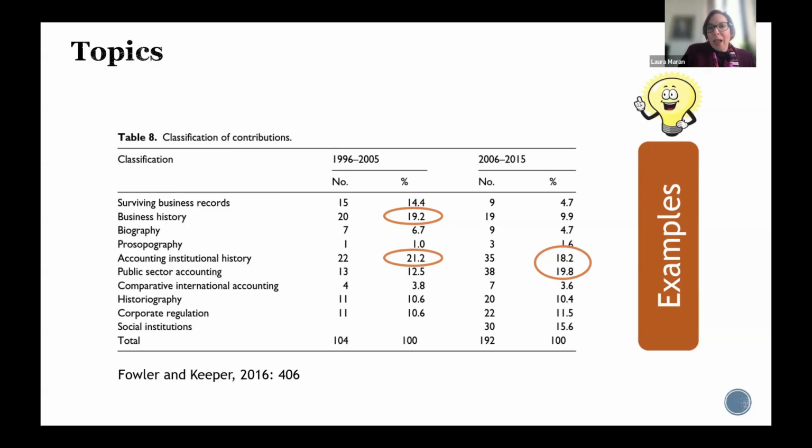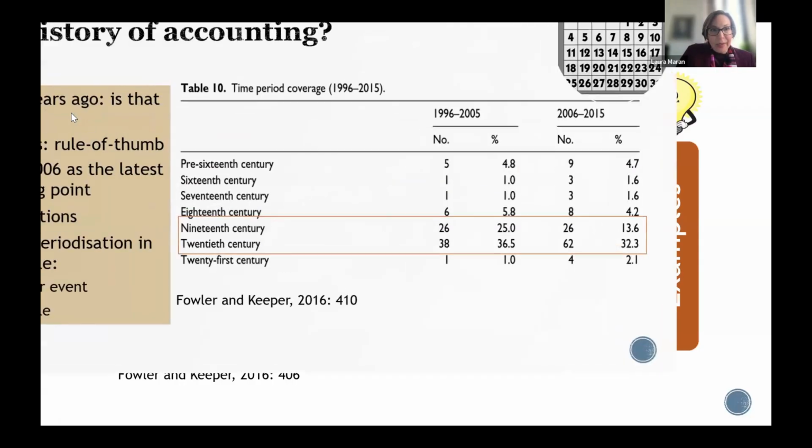As you can see, there has been a sort of switch between the 90s and the 2000s, whereas still strong are the topics that look at accounting history from an institutional perspective, and also quite strong are the accounting history studies concerning the public sector, intended in a very large connotation of potential entities.